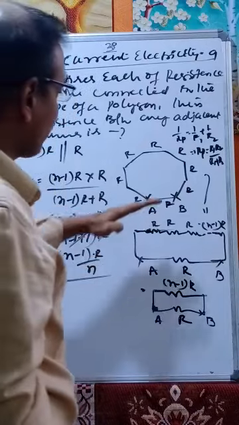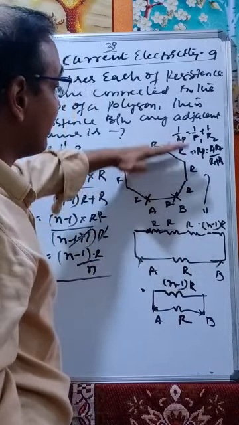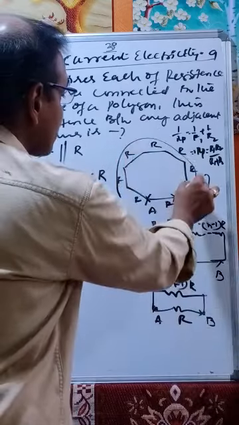I think you understood. If you take 8 resistors, 7 resistors are in series.